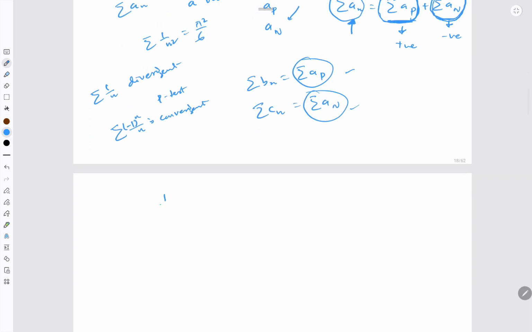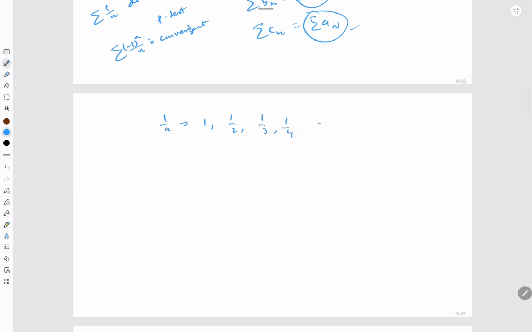If I write 1 by n, it looks like 1, 1 by 2, 1 by 3, up to any value, and so on. But minus 1 power n by n is minus 1, 1 by 2, minus 1 by 3, 1 by 4, minus 1 by 5 and so on. The first series is diverging. That means these numbers add up to go to infinity. It is not going to a particular value, because if it had to go to a particular value, we would have known the value, right?